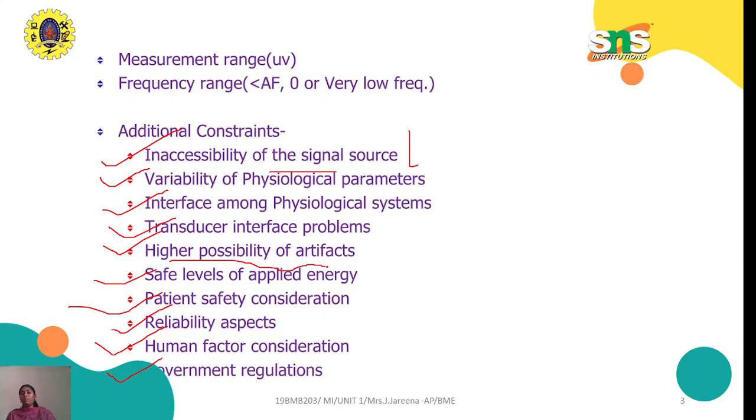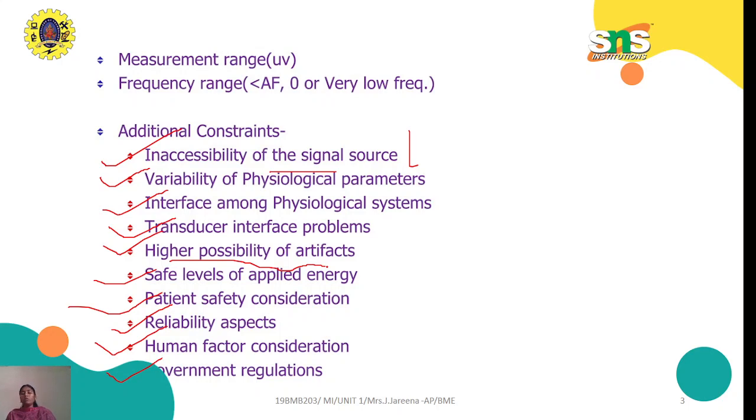So that could be one of the major challenges in designing a medical device, which we have to address in different ways, like choosing a proper transducer, and you have to use a transducer with a strong adherence capacity, so that even if the patient moves, it will not affect the transducer, so the data will also not be affected.